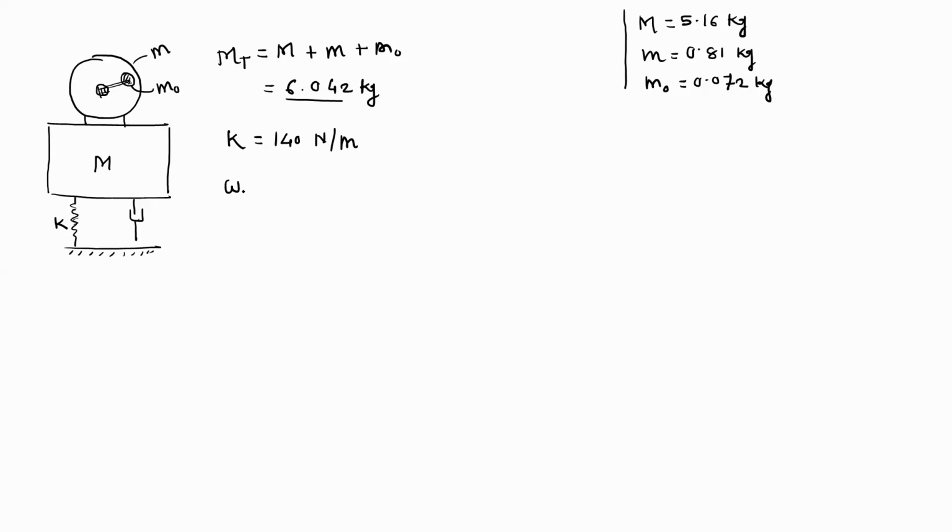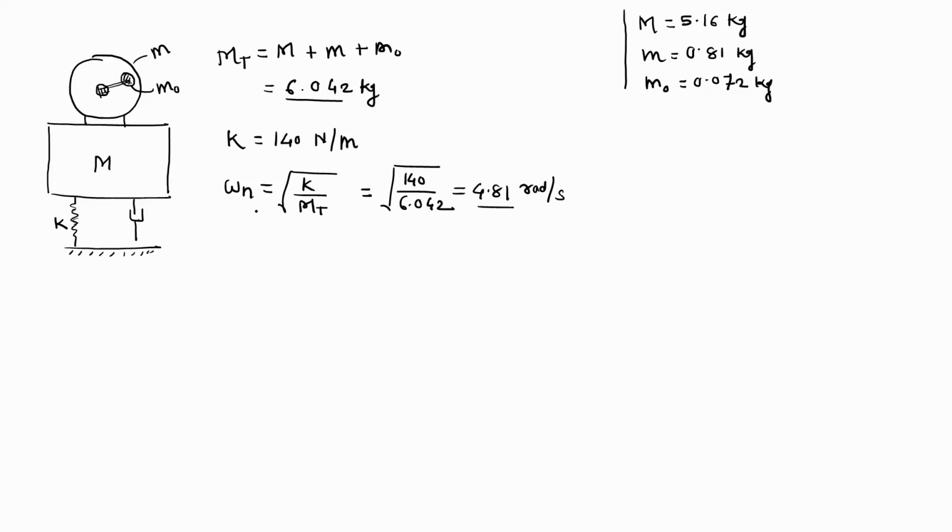So from this we will get omega n is equal to square root K upon total mass, that is mt, which is equal to square root of 140 divided by 6.042. So this value is 4.81 radian per second.